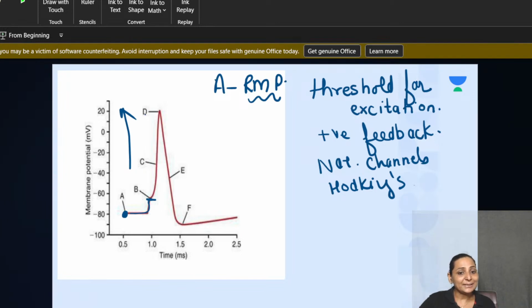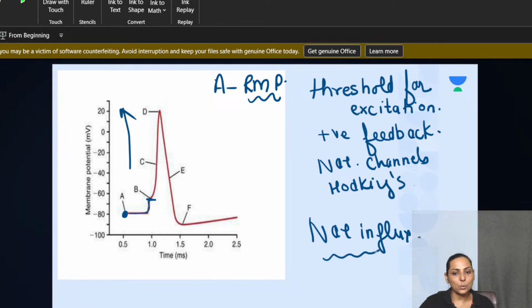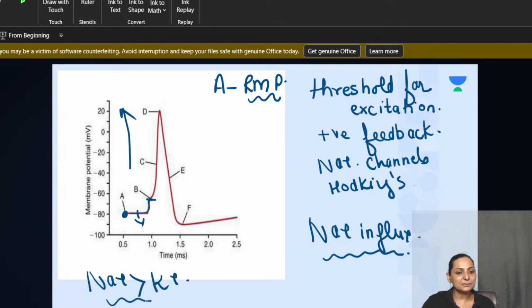So up till point D, whatever positivity we are creating is only because of the sodium influx. When you give a threshold stimulus, suppose I gave a threshold stimulus over here, you open both the channels, sodium and potassium, but that voltage is going to prefer the sodium more than it prefers the potassium.